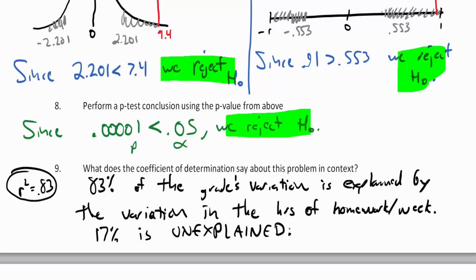You know, we can focus on other variables that wouldn't have such a big effect, but it feels like putting the time in is really going to give you the biggest effect. 17% could be natural ability, 17% could be, you know, how far you have to drive to school or how hard you're working on other classes at the same semester. So it really does have some extraneous things.